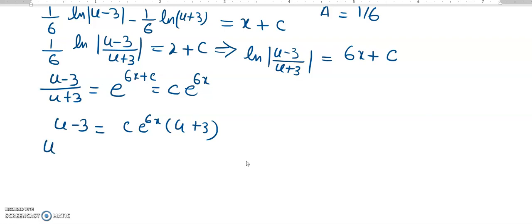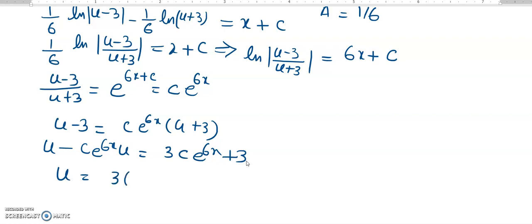So it will be u, and then this term will be minus c e power 6x here, and then it will be 3c e power 6x plus 3. Okay, and now in this way I can find the value of u is equal to 3 into 1 plus c e power 6x divided by 1 minus c e power 6x.